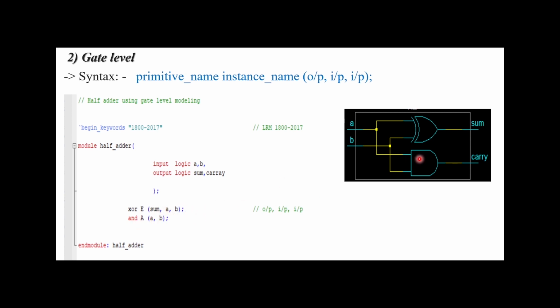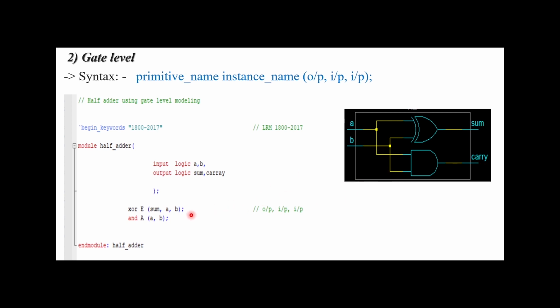Similarly for this AND gate, AND is a keyword, A is an instance name, and within parentheses you have to provide carry as the output, followed by the inputs.